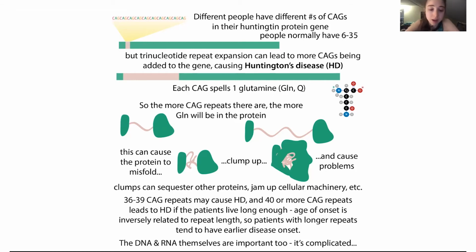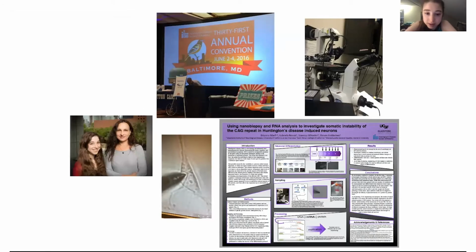So you can get somatic expansion where this tract expands during the lifetime. This is thought to potentially explain why the disease occurs later in life: if you're expanding this repeat over time, then you're building up to longer lengths, making more toxic protein, that sort of thing.